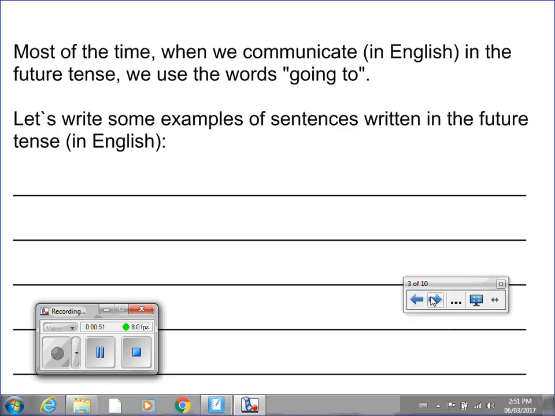Most of the time, when we communicate in English in the future tense, we use the words going to, as in, I am going to finish my homework, or they are going to leave in a few minutes. So what I want you to do when I finish talking is put this video on pause so you can write down some more examples of sentences which are written in the future tense in English.